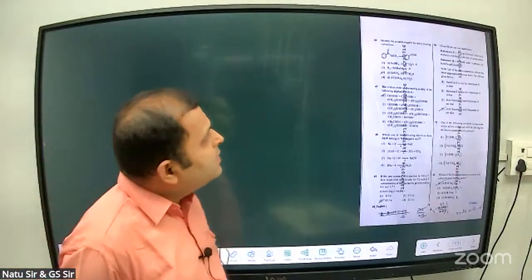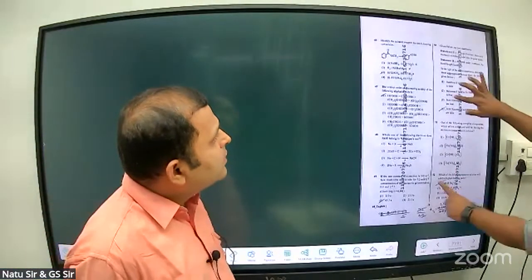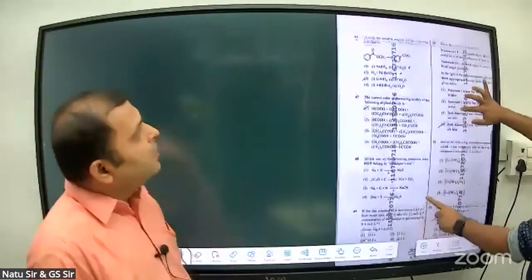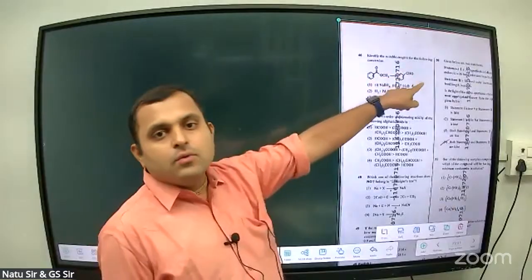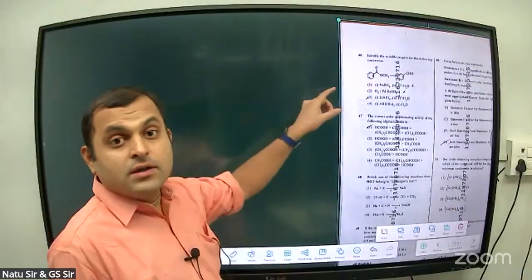Question 46. Identify the reagent for the following conversion. So you can say a compound is getting converted into another with hydrogen.